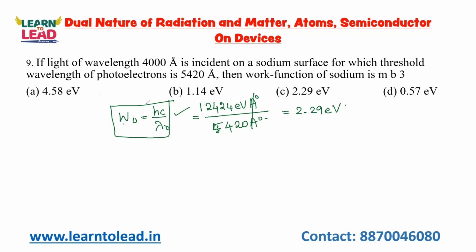Right? h is the value of Planck's constant, c is the speed of light, and if you multiply them you get 12,424 electron volts Armstrong units. So your answer is 2.29 electron volts. You should know that work function is hc by lambda naught. h and c, Planck's constant and speed of light, when you multiply you should get the value 12,424 electron volts Armstrong units. Do you understand this?